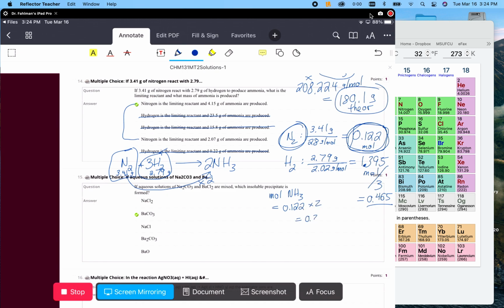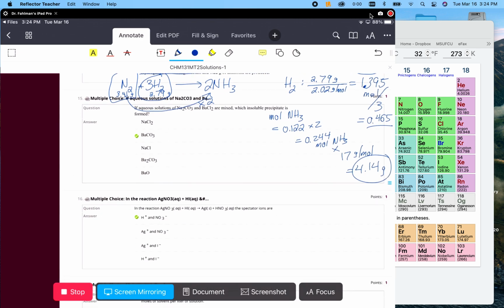So that's 0.244 moles of ammonia. Okay, and then you just multiply by its molar mass, which is 17 grams per mole. And you get 4.14 grams. Okay, so now that is the right answer. Okay, that gave the wrong one.